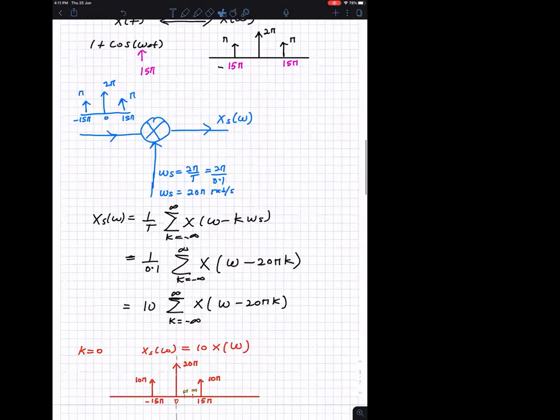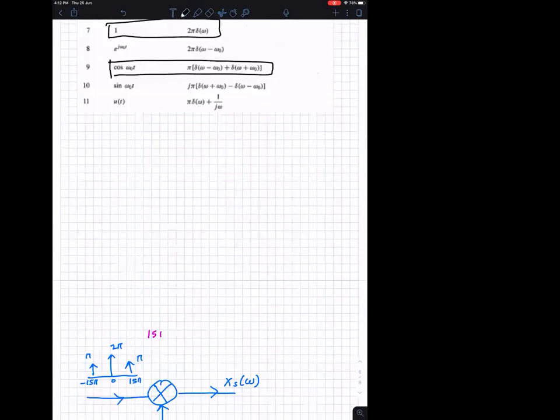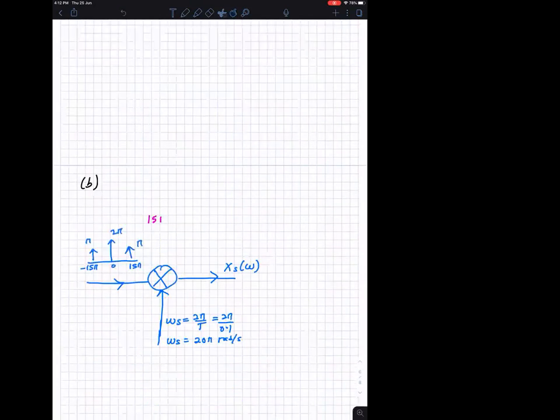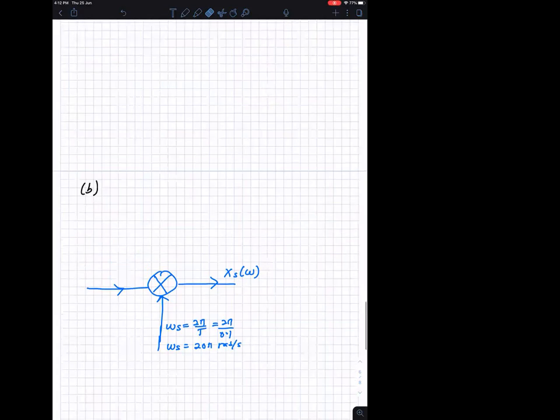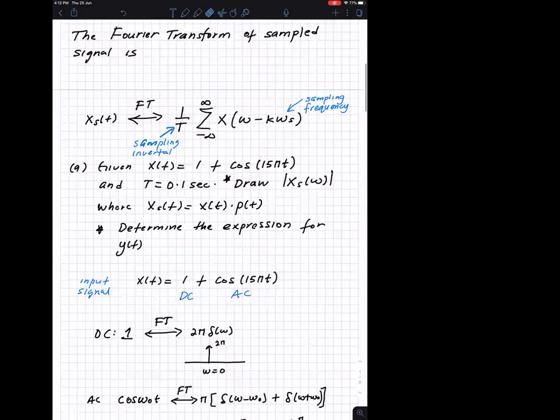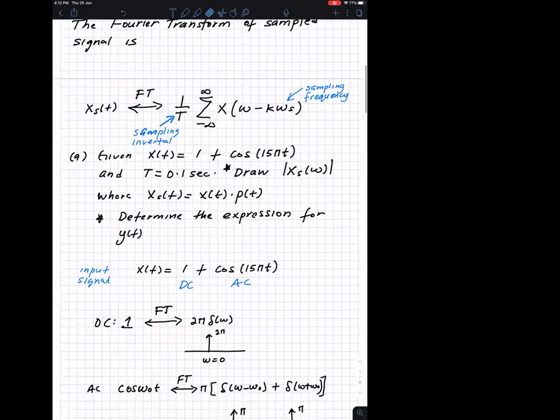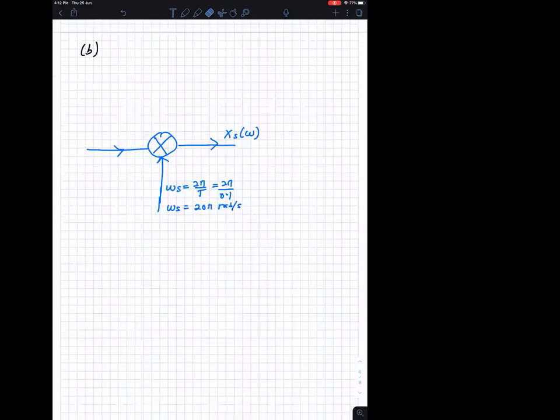So in the problem, in part B, our input signal is already given as a Fourier transform in frequency domain.